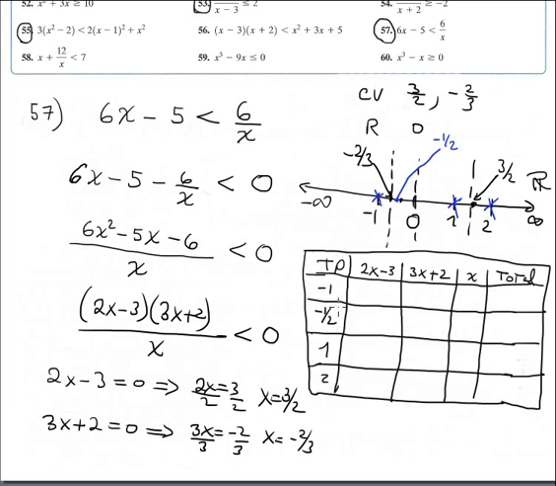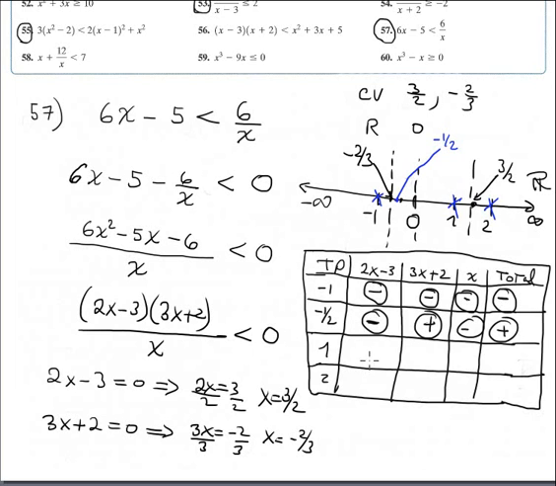Okay. Negative 1 here is negative. Negative 1 here is negative because it's negative 3 plus 2, which is negative. And negative 3 negative. The answer is negative. Negative 1 here is negative. Negative 1 here is positive. Negative 1 here, of course, negative. 2 negatives is positive.